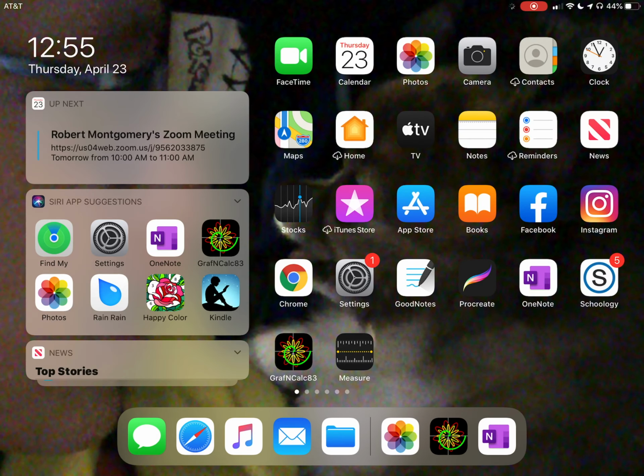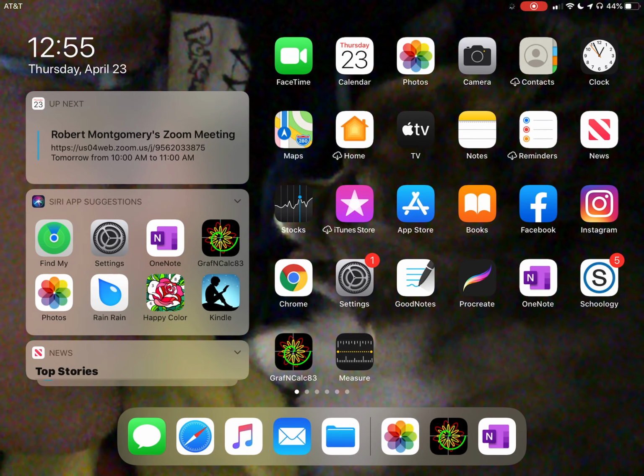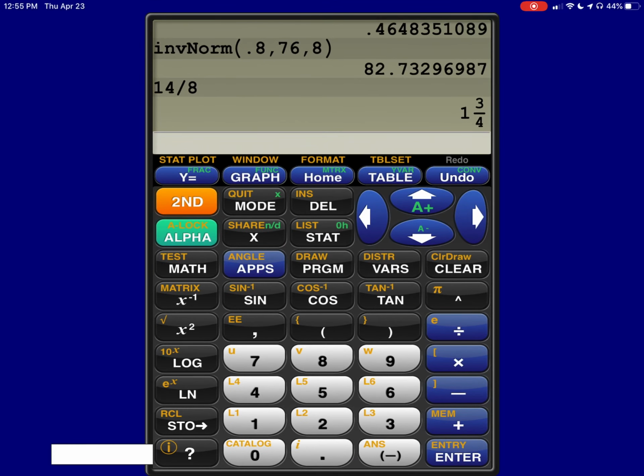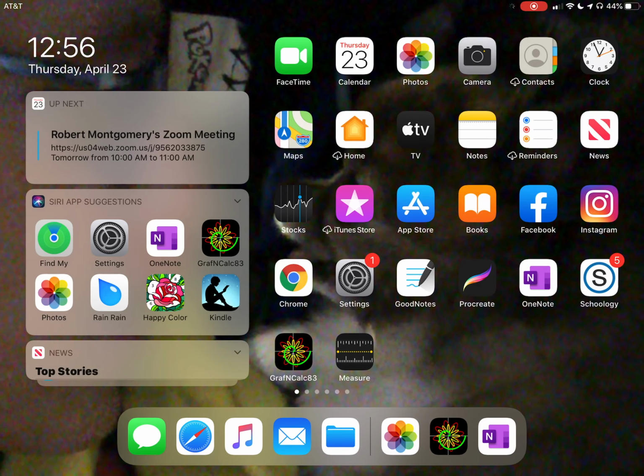I had a mind problem there. So it's going to be negative 8.8, basically. So negative 1.1 times 8. So that's the number of standard deviations, times the actual standard deviation, plus 74, which is the mean, which means your score would be 65.2.